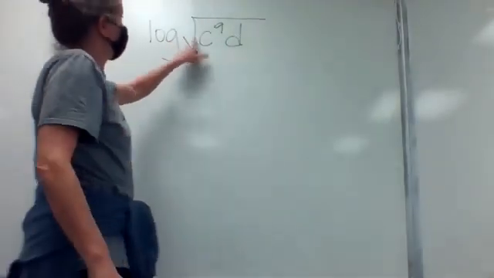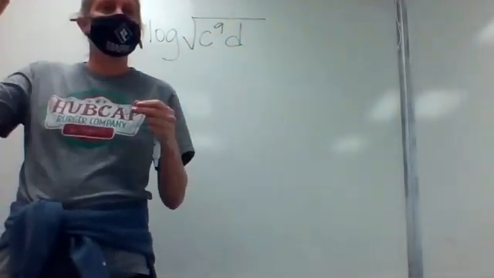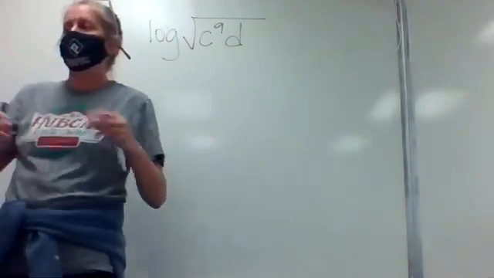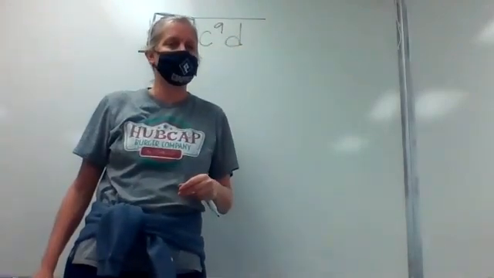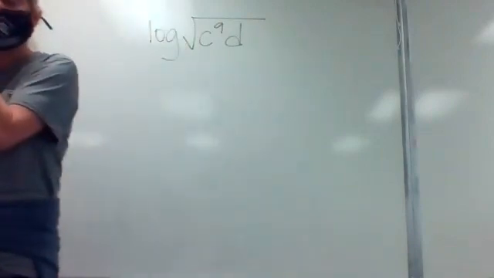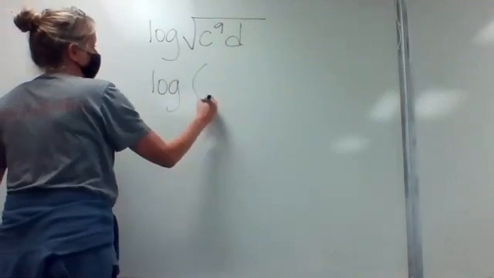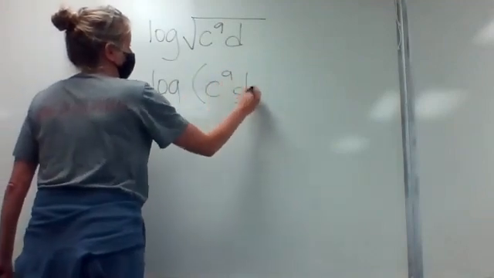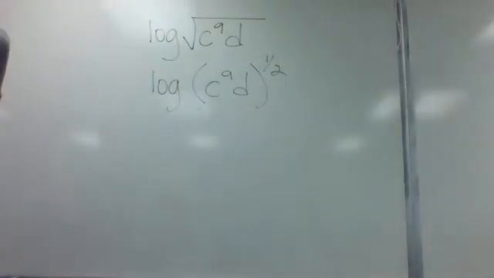First thing I'm going to do is change what's underneath that square root and, instead of saying the square root of all that, I'm going to say all that raised to the 1/2 power. The square root and raising to the 1/2 power are the same thing. So I've got log, and then everything in here, c to the 9th b, is being raised to the 1/2 power.